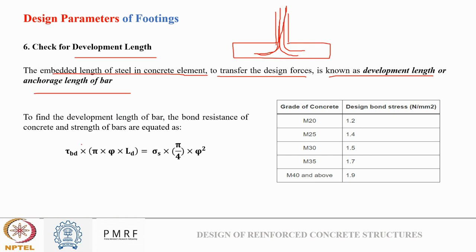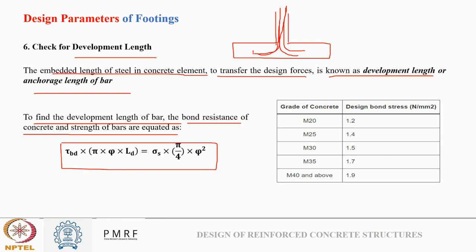To find the development length of the rebar, IS 456 says the bond resistance of the concrete shall be equated to the stress acting on the surface of steel and concrete. Tau bd we get from IS 456 from this table. We know the diameter, the design bond stress, and so we get the development length.